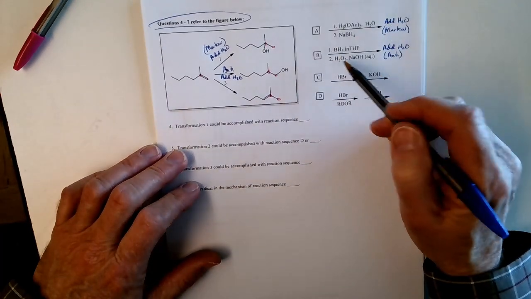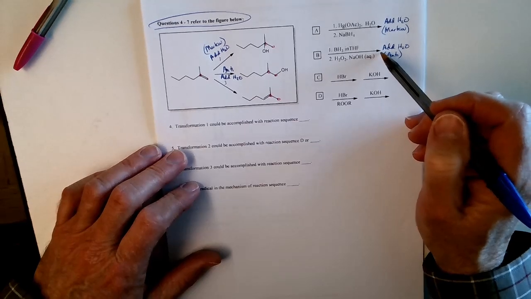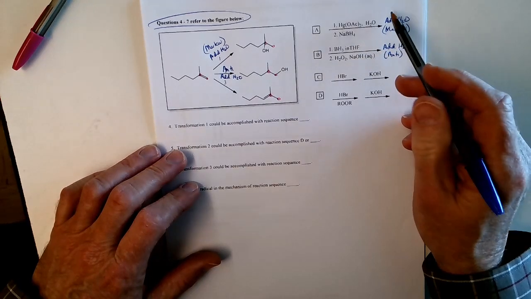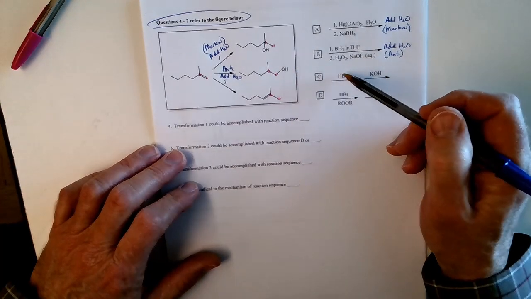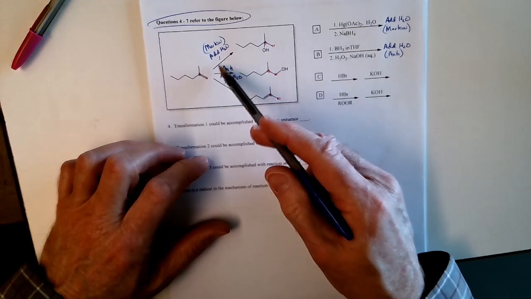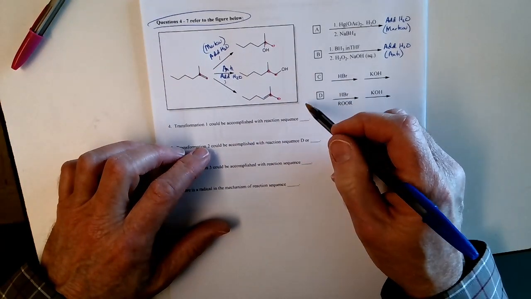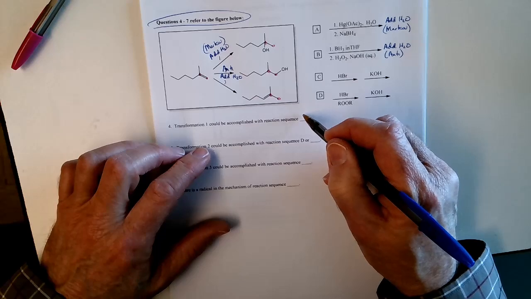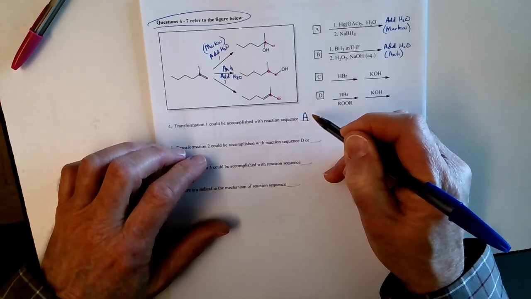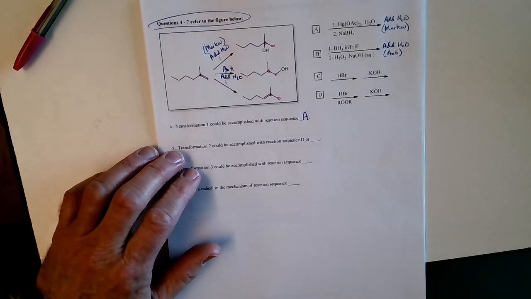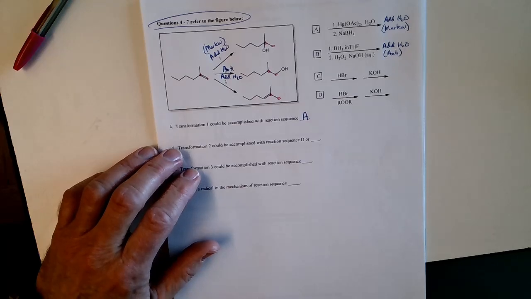We know that we can match A and B to one of these choices here. All right, transformation 1, that's this one right here, could be accomplished by reaction sequence. It looks like A. We're looking for Markovnikov. Transformation 2 could be accomplished how?